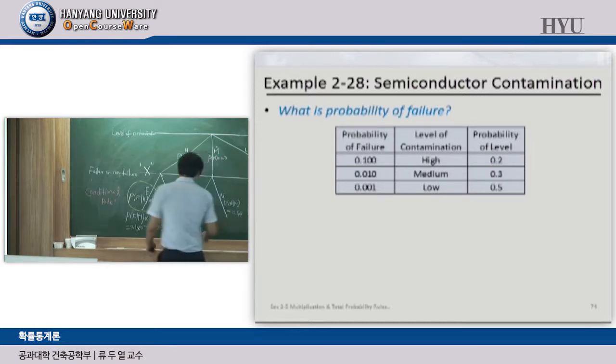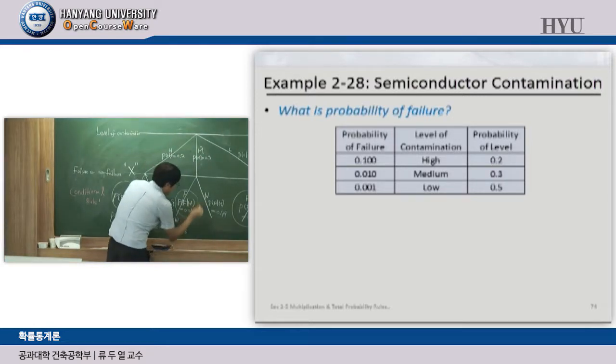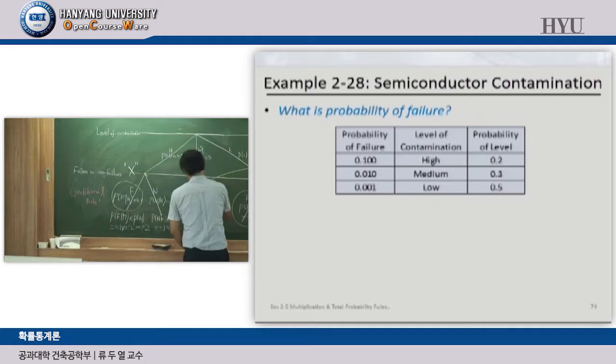So in this case, we have the conditional probability of failure given medium contamination multiplied by the probability of medium equals 0.01 multiplied by 0.3.